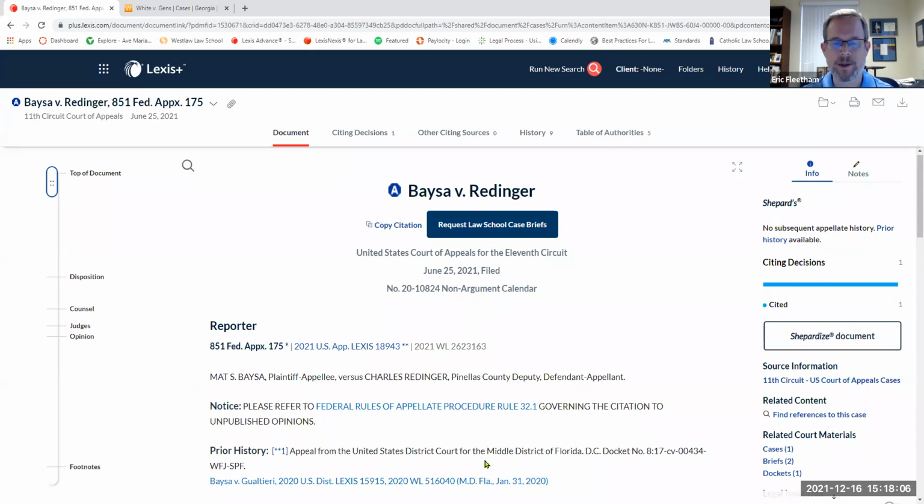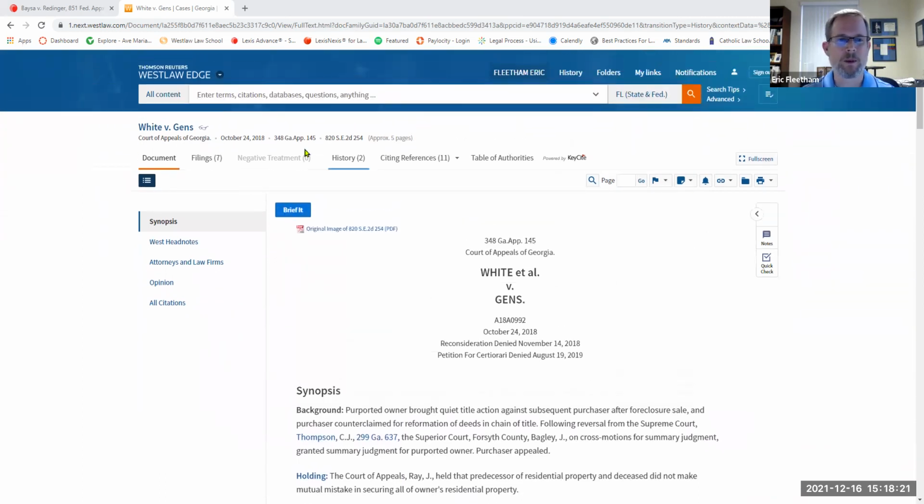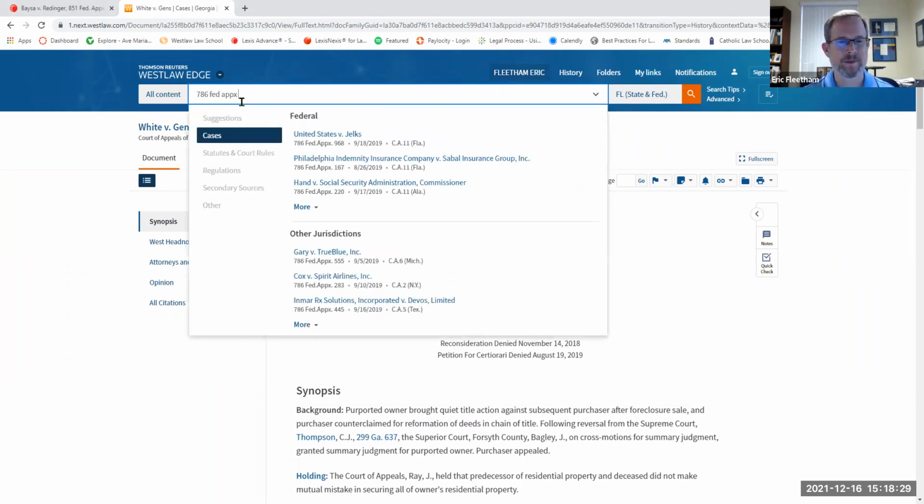I'm going to stop share for a moment. So then I can pull up Westlaw. I should be back to Westlaw where we were previously. Let me put in that new case that we were just looking at from the federal appendix.